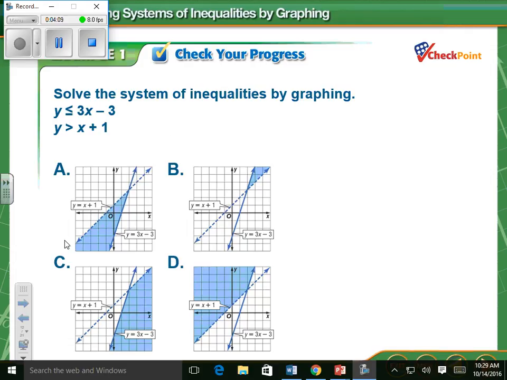The x plus 1 is dotted each time. So we just have to look at where the shaded area should be. The less than or equal to means that we're going to be shading below on the 3x minus 3. So below on the 3x minus 3 should be over here. Over here. Over here. And over here.